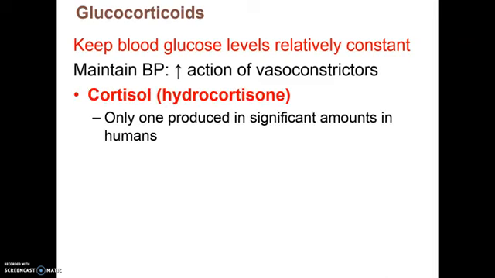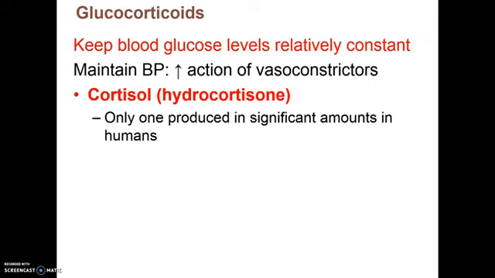Glucocorticoids keep blood glucose level relatively constant and they maintain the blood pressure. Cortisol is the same as hydrocortisone, the topical cream we can buy and put on our skin for itching and those reactions.